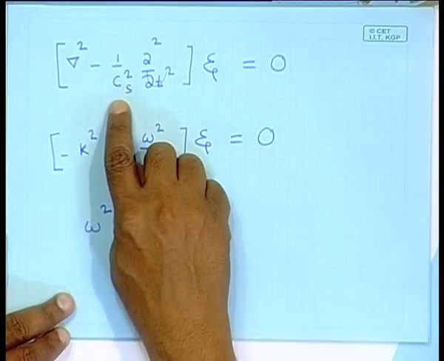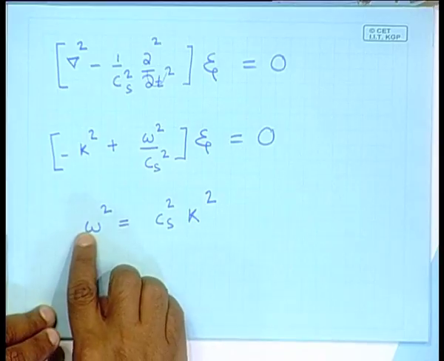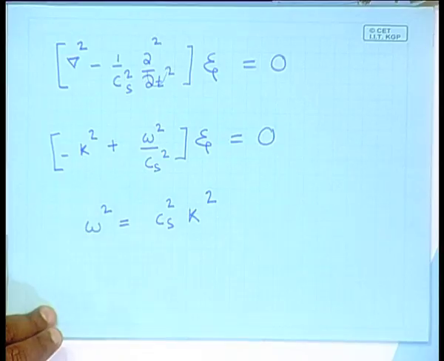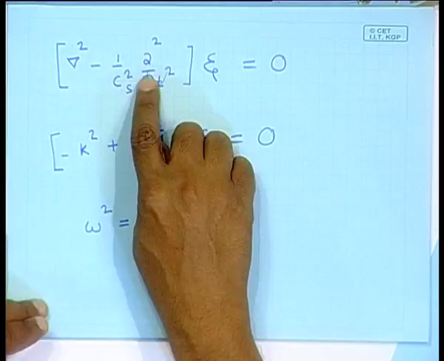So, provided the wave number and the angular frequency are related like this, the plane wave over here is a solution to this equation.